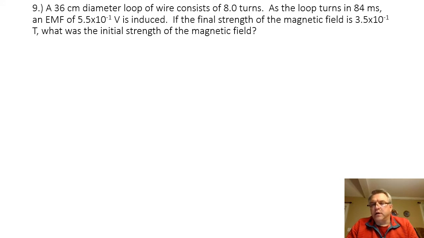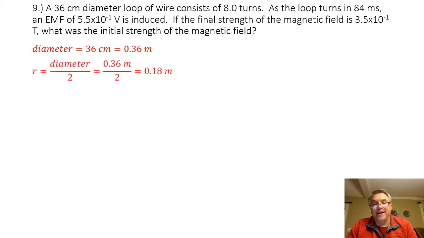First of all, let's take a look and see what we are given in this problem. We are given the diameter of the loop of 36 centimeters. Once again, we convert that to meters, and we have 0.36 meters. Because we're given a diameter, I know that is going to be a circle, and I'm going to want the radius to find the area.